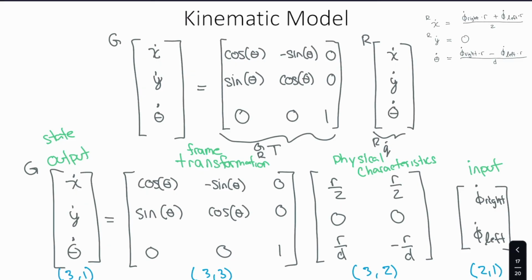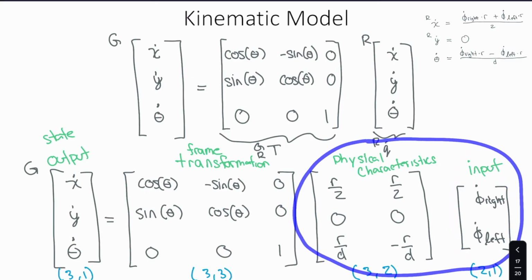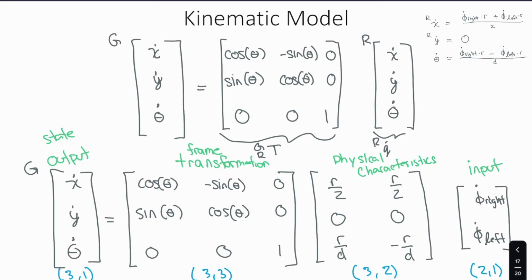So that matrix performs a transformation from our input and turns it into how that input impacts our local change in position due to the wheel radius and the track width, the distance between the two wheels.